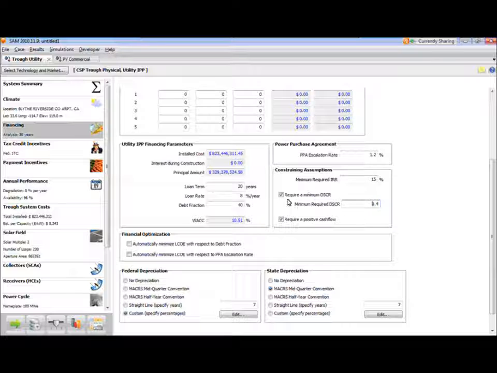So if you've got these other constraints checked, as they are by default, the rate of return that SAM calculates may end up being higher than the minimum value, because you may need to increase the IRR to meet the other constraints. These three constraints are all interconnected, and so you can do some experimenting with them to see how they affect your results.